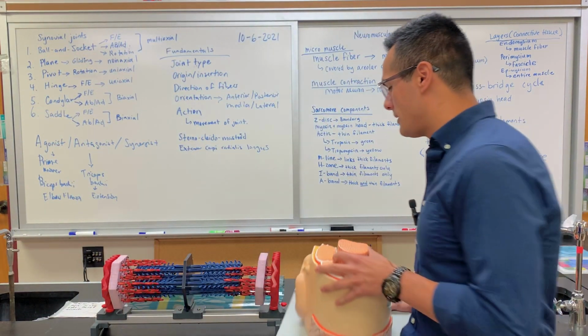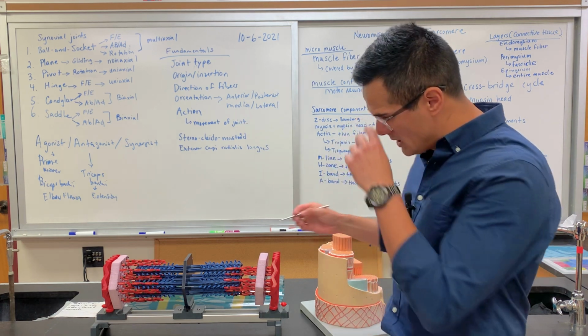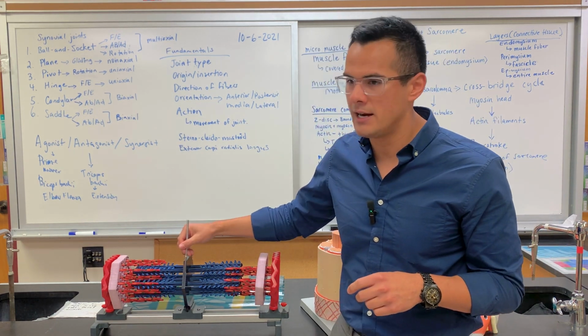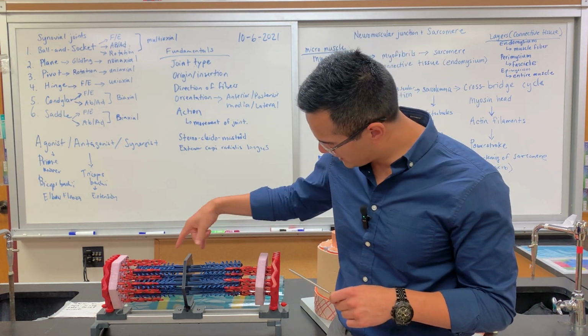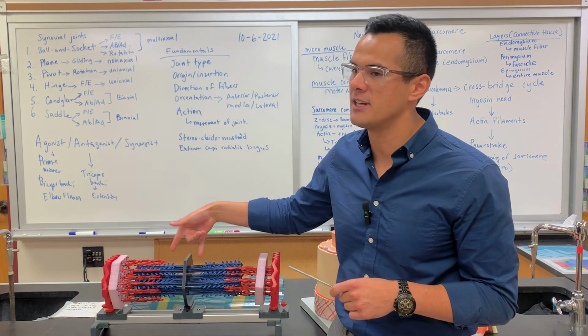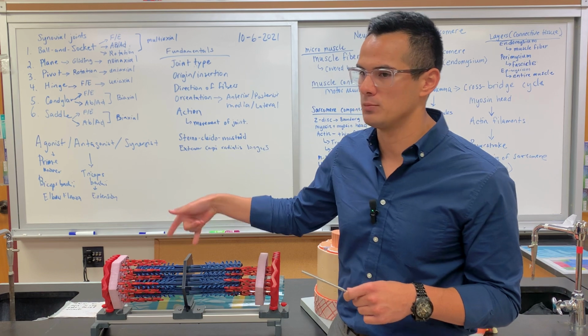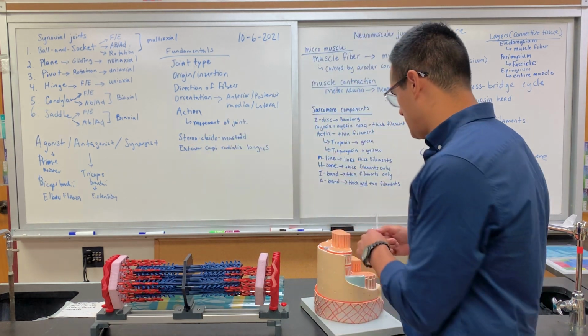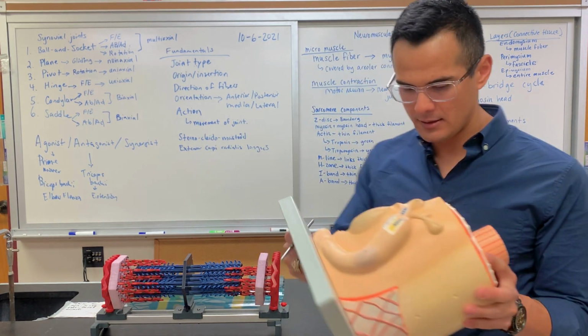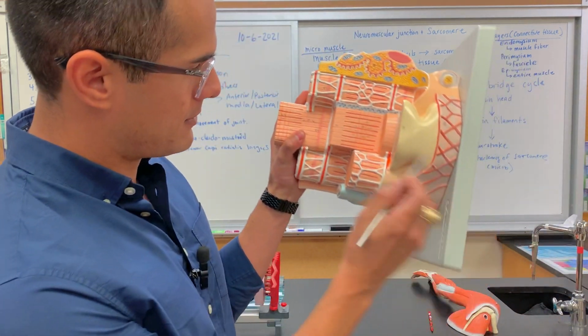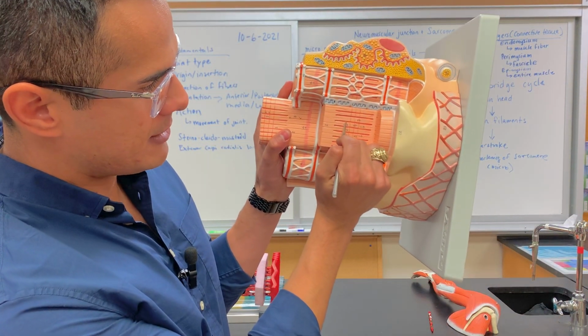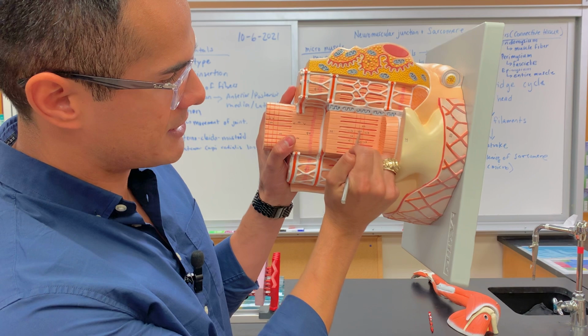And if we compare that with this model, this part would be the M line, and the region where there's thick filaments only is what's known as the H zone. The H zone is found here, and the H zone is also found here in this model, where it's just thick filaments only.